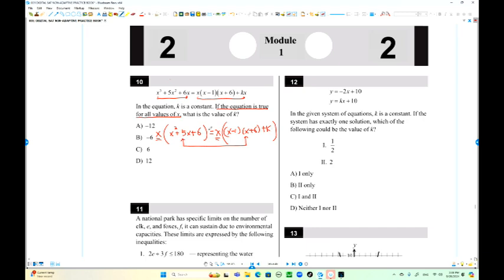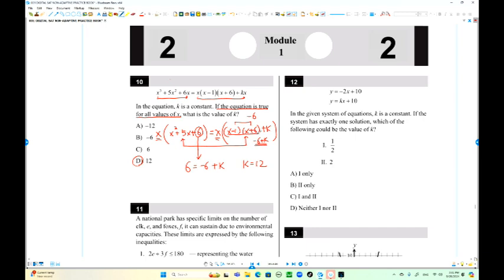That's a constant term. We compare the constant term in each expression. Where is the constant term here? Negative 1 times 6 is negative 6, plus k. That's the constant term over here, right? So 6 must equal negative 6 plus k. So k equals 12.